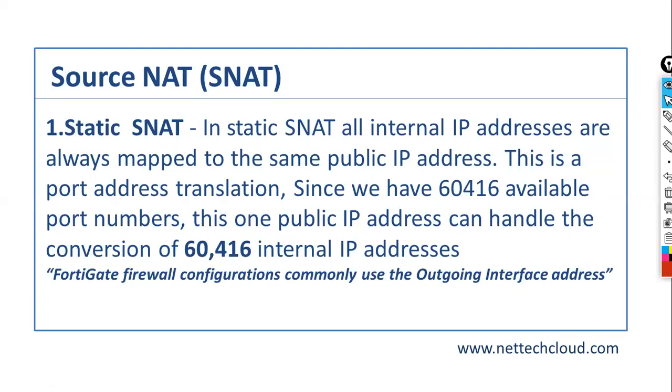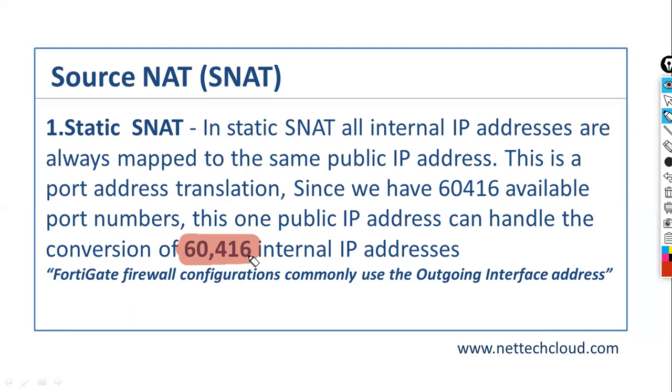Many internal IPs are mapped or translated with a single IP address. That is static SNAT. A total of 60,416 ports are available and can be used in the NAT translation. That means with a single public IP, there can be 60,416 concurrent translations.